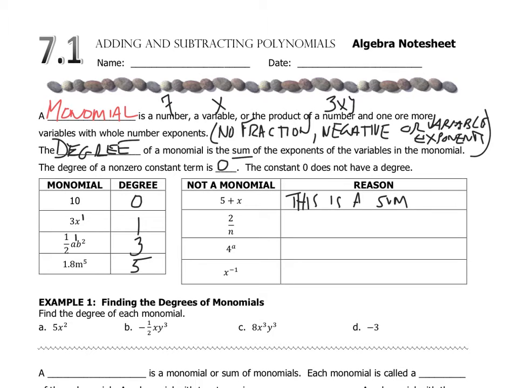On the next one, monomials we set up above don't have negative exponents or really variables in the denominator. This is really n to the -1 power. So we said that our exponents can't be negative. On the next one, we can't have variables as our exponents.